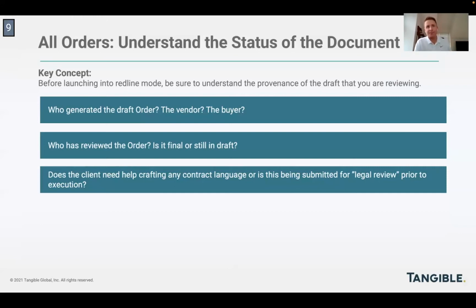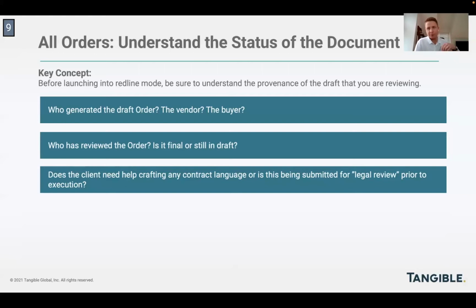Similarly, you should consider who has reviewed the order so far. And is this being presented to you as a final product of a negotiation between the buying and selling party? Or is this some kind of draft or proposal?